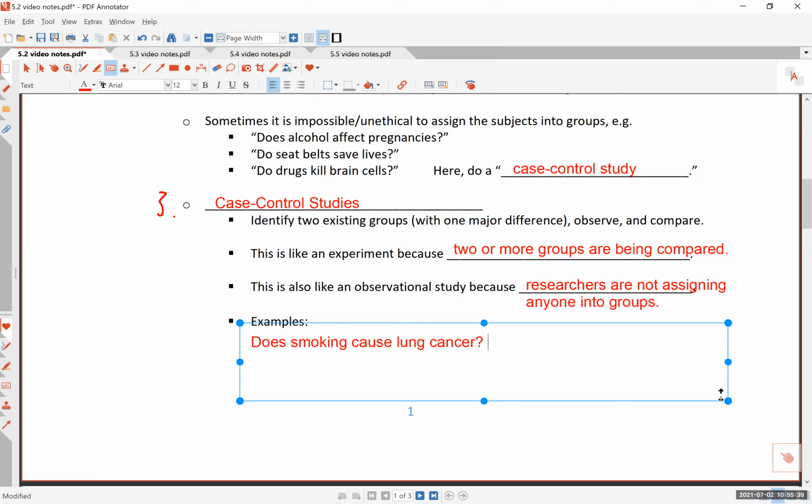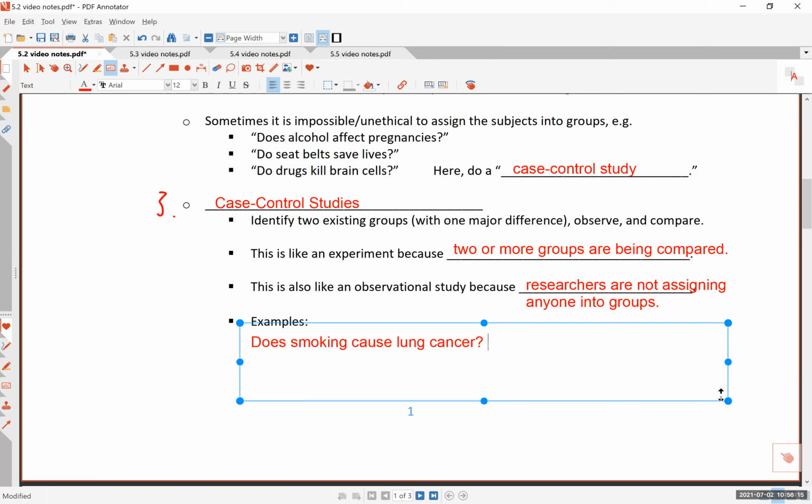The problem is you can't really conduct an experiment, making some people smoke and making some people not smoke. You can't force people to smoke and see how many of them will end up dead after 10, 20, 30 years. So the best you can do is a case control study in which you observe people who smoke and the ones who don't. But again, because it is an observational study, technically, you cannot make conclusions.